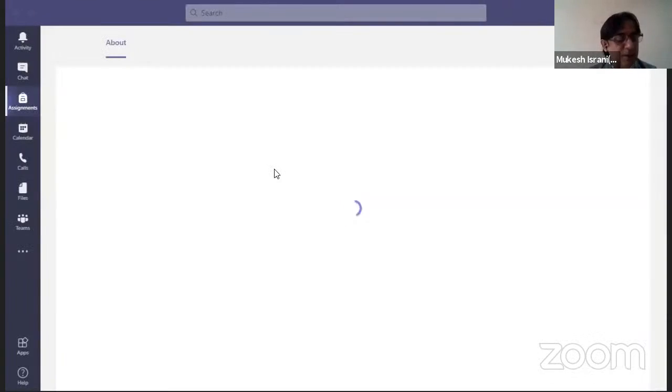So I was saying that whether it is on Android or whether it is on iPhone, you download Microsoft Teams on your mobile. Secondly, even on your laptop, on desktop, through the browser, you can go to Microsoft Teams and download it and keep it on your machine.